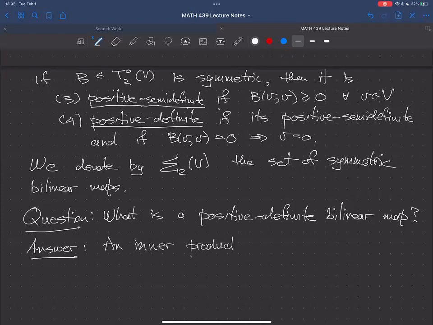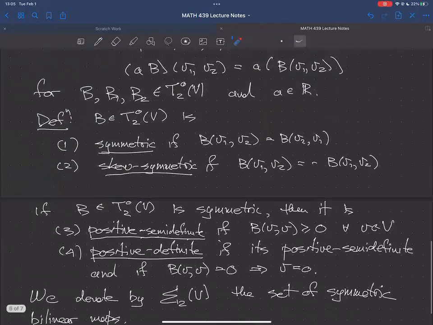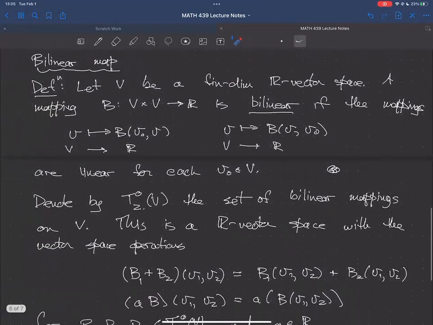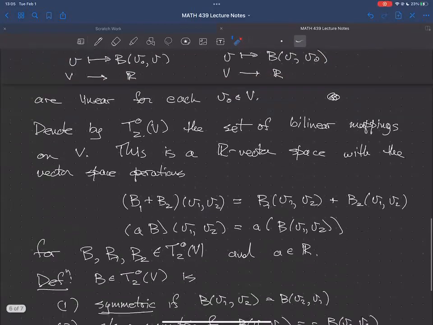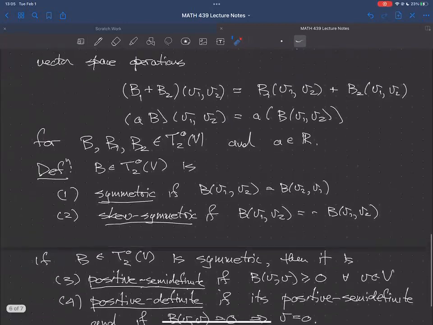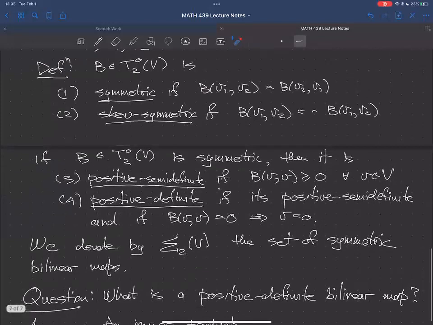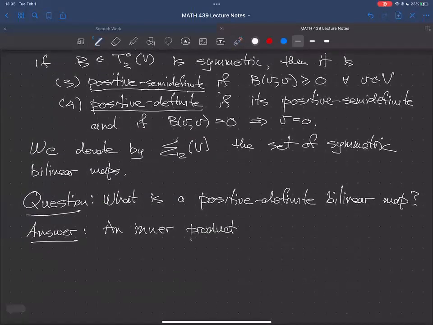Because if you look back at your linear algebra notes, you will see that all of the properties of inner products hold. Inner products are symmetric, and they're positive definite. So they're positive semi-definite, and they also have this definiteness property. So that's what I mean when I say that you've seen these kinds of things before. We're just going to talk about them a little bit differently.